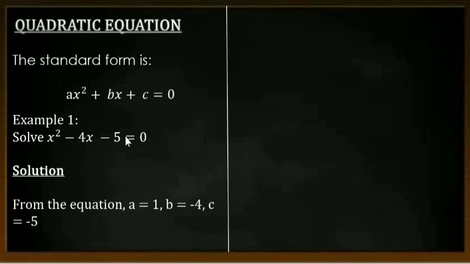By comparing, we realize that the coefficient a in the standard form is the invisible 1 in front of x squared, and the coefficient of x, which is b, is the minus 4 in our equation. And c is minus 5. So by making this comparison, we can say that a equals 1, b equals minus 4, and c equals minus 5.